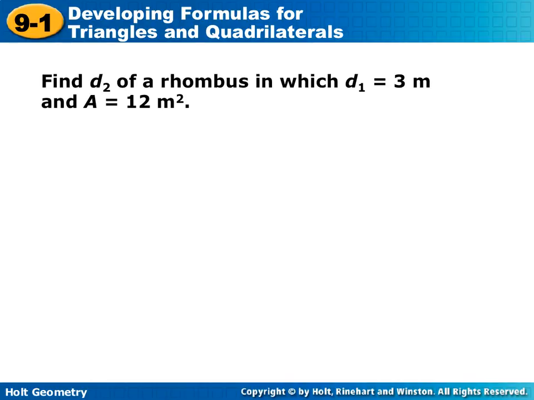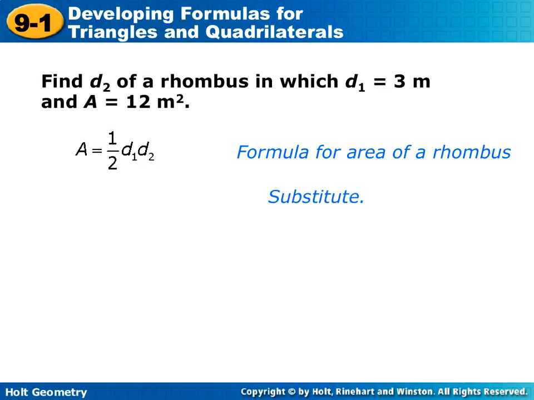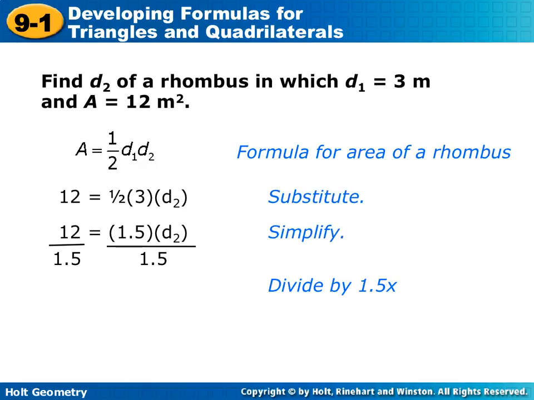What I'm saying is you've got this right now: 12 equals 1.5 D2. Since this is multiplied, you should divide by 1.5. Well, the answer should be 8. Did I hear you say 18 earlier? Question on that one?